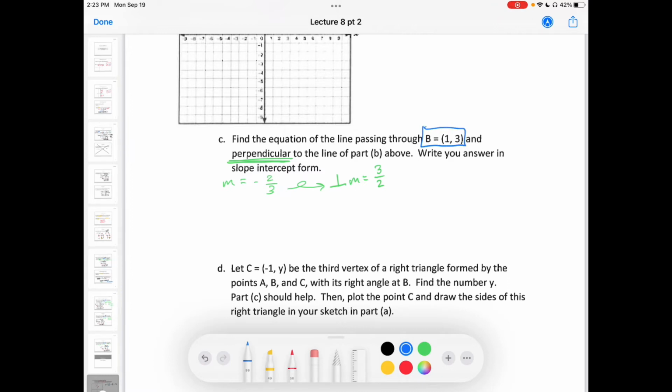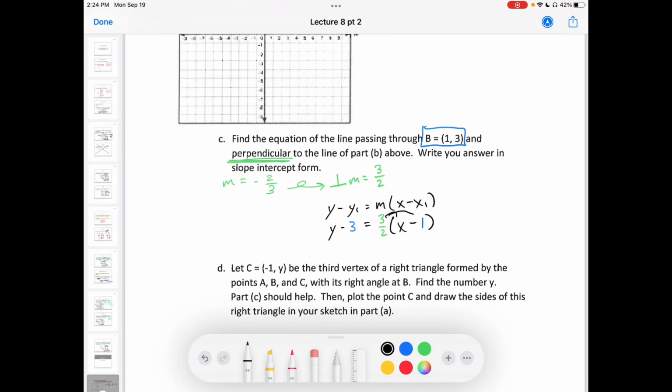So now I have my slope and I also have a point. So I would want to use my point slope form: y minus y sub 1 equals m times x minus x sub 1. I'm just going to plug in my values. So this is y minus 3 equals 3/2, my slope, times parentheses x minus my x sub 1, which would be 1. And then from there, I'm just going to simplify.